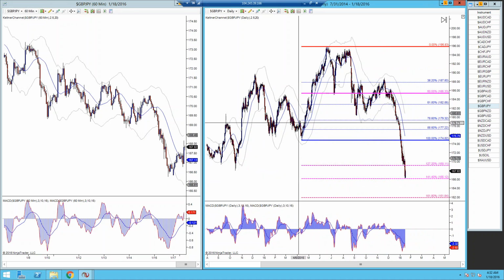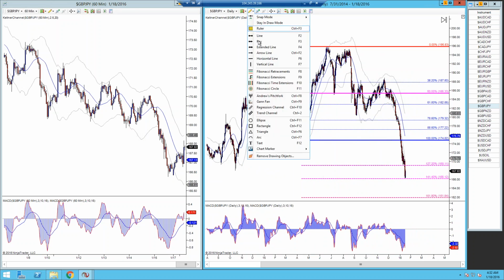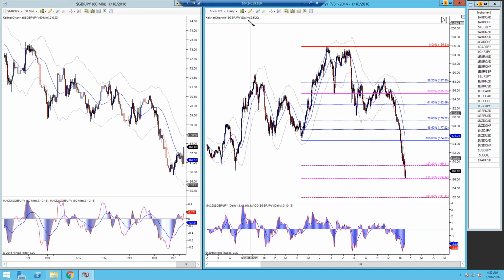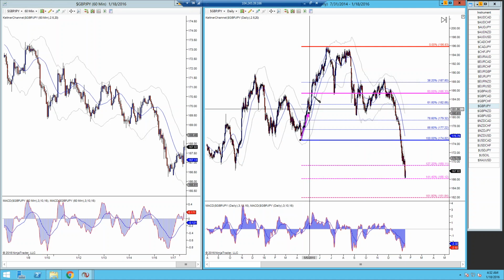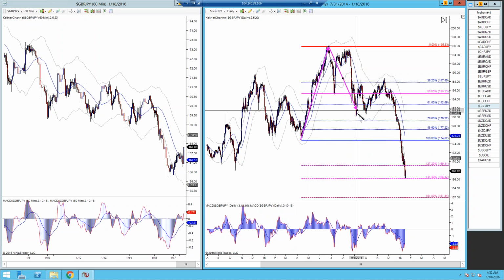Okay, so the first pullback down, we had this market run up. You had your market run up, and then you pull back past the 618 almost to a 786.